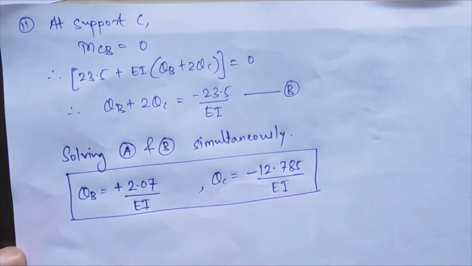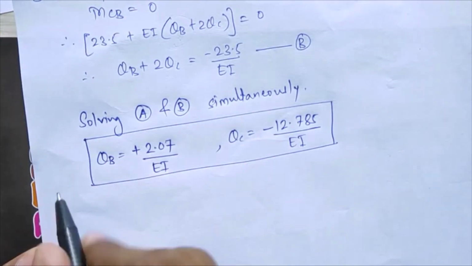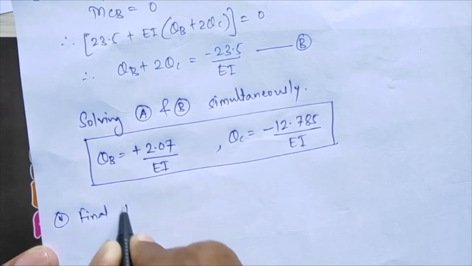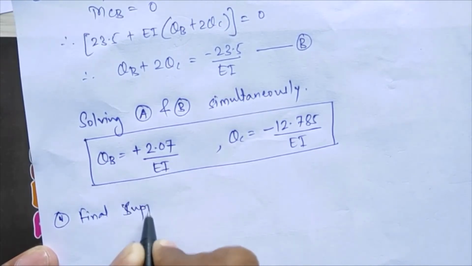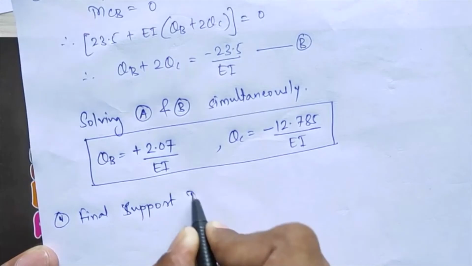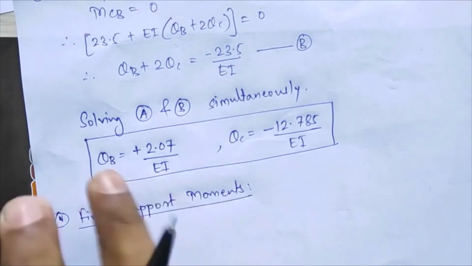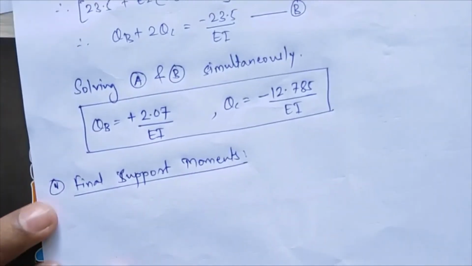Now using these two values, we'll proceed to our next step, calculating the final support moments. Simply substitute these theta B and theta C values in your 6 slope deflection equations.